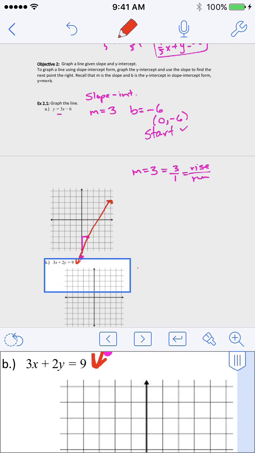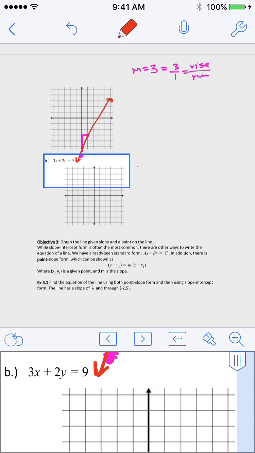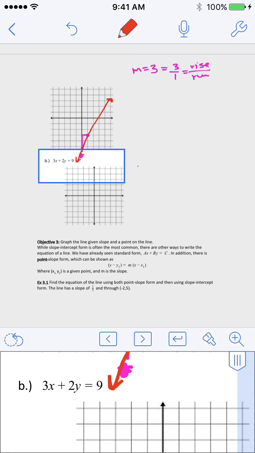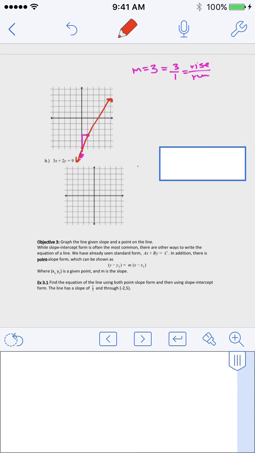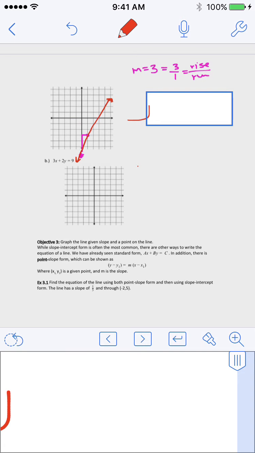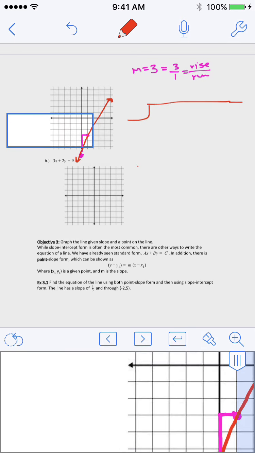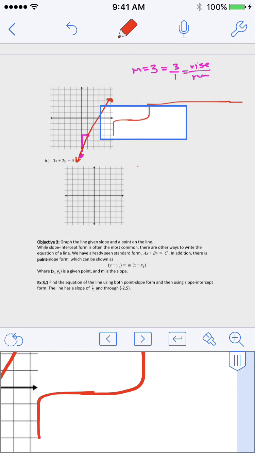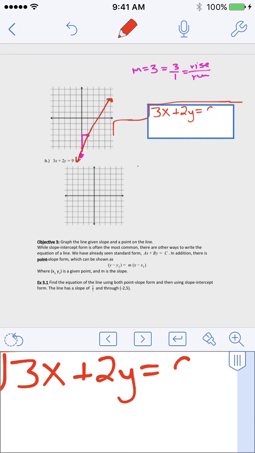Let's try one using standard form now. So we have this other form down here, 3x plus 2y equals 9. We can actually do this in one of two ways. We're going to bleed into the space of this last problem, so if you want to create a section, that's fine.